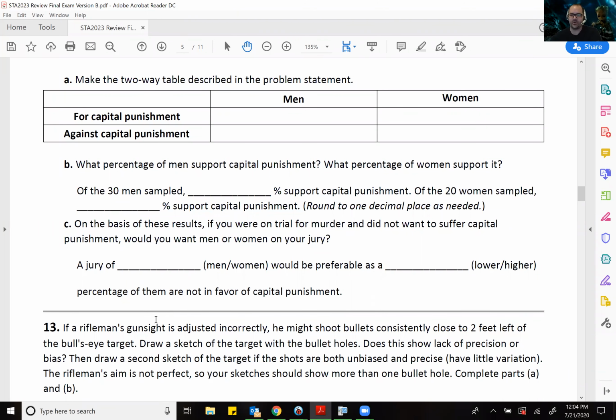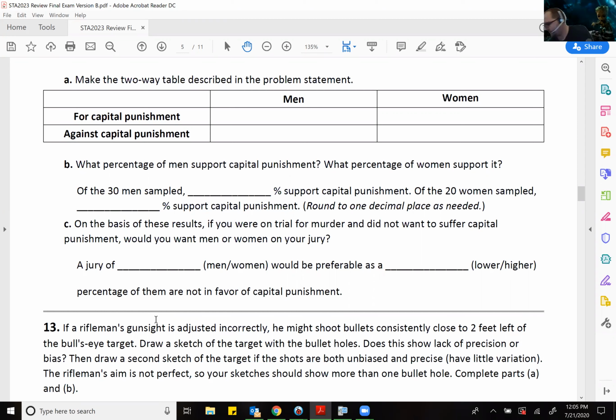That would be preferable, as a lower percentage of them are not in favor of capital punishment. And that's how we answer that one.